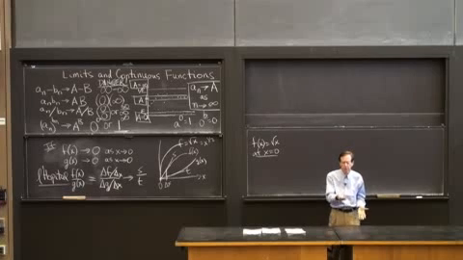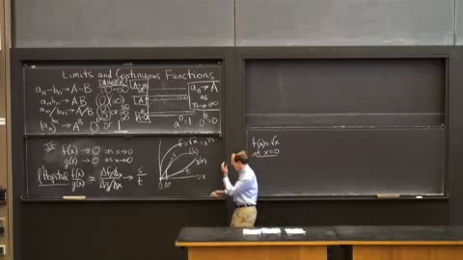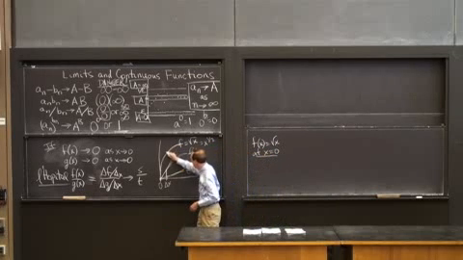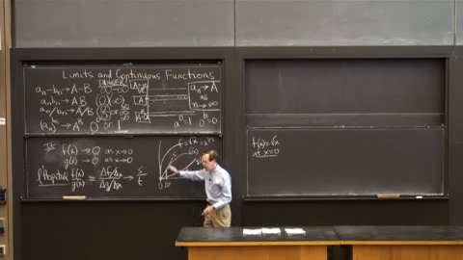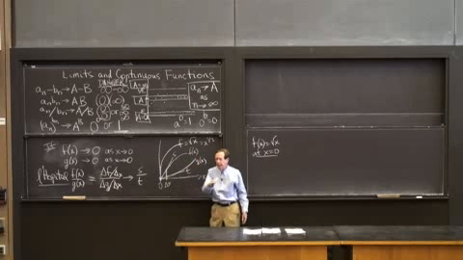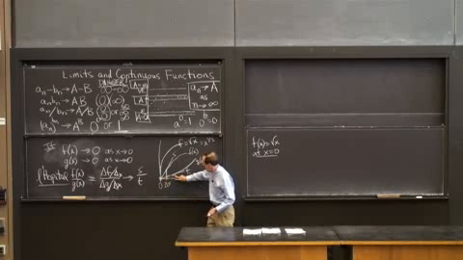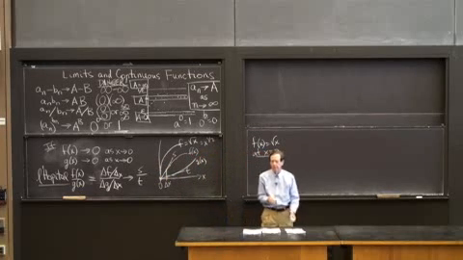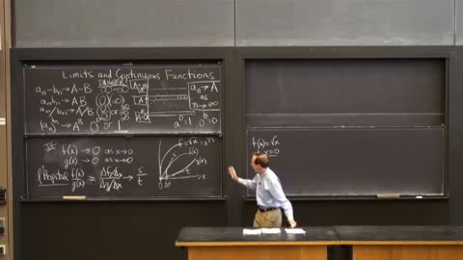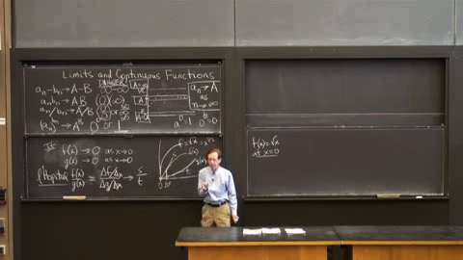We don't have a good number there for its slope. But I would still say the function is continuous, because the darn thing does get below any band. If I draw a little band here, the function does get into that band and stay inside. It just took a long time. It stayed out of that band as long as it could and then finally fell in just at the last minute.